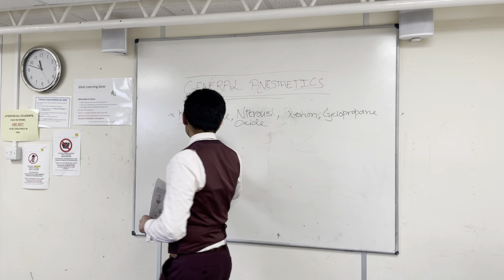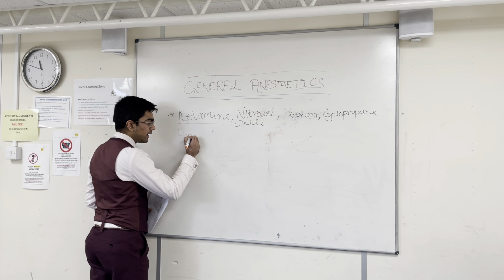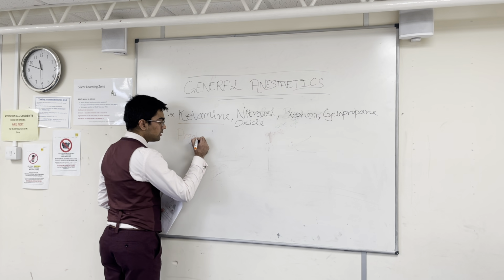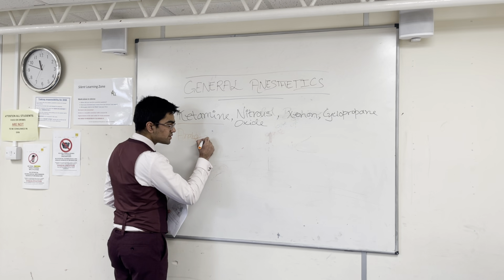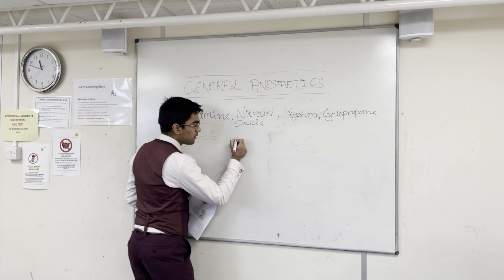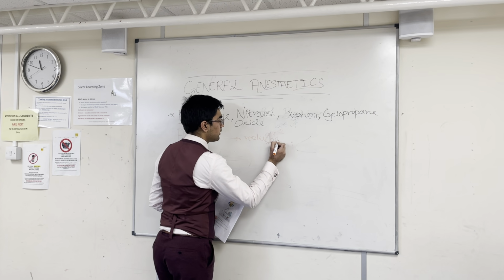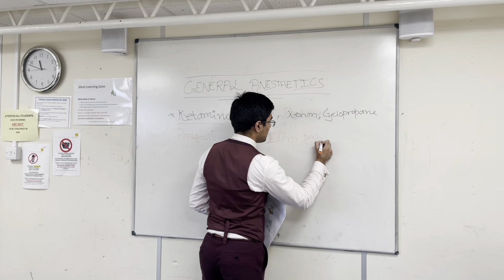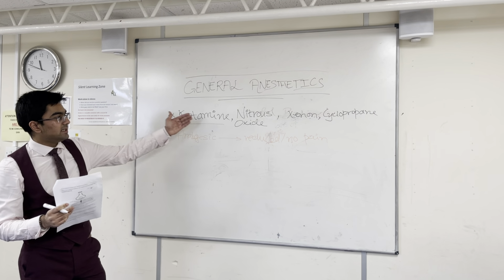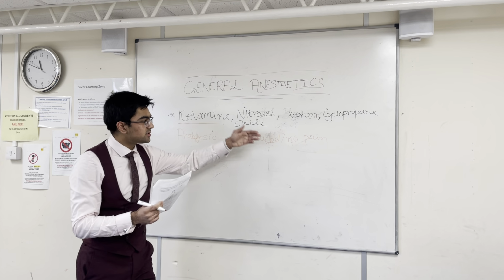An analgesic causes a suppression of pain, so reduced or no pain. These three, ketamine, nitrous oxide, xenon, and cyclopropane, are analgesic drugs: reduced or no pain.